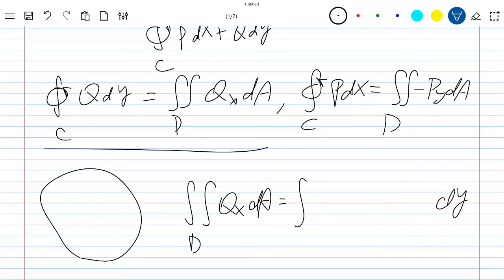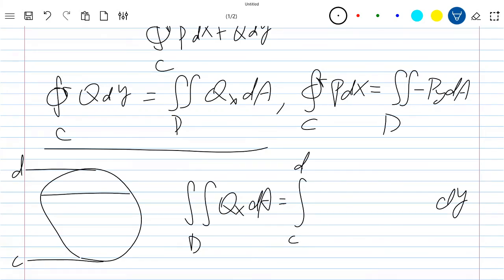So it's from c to d. Then I can cut it into a left part and a right part.